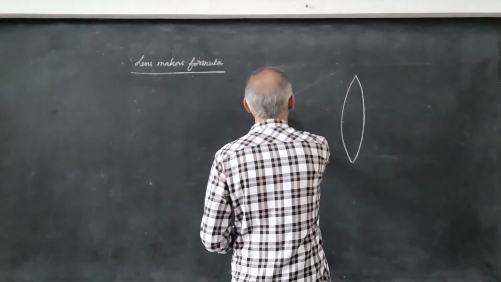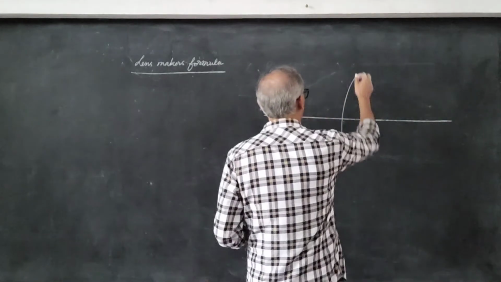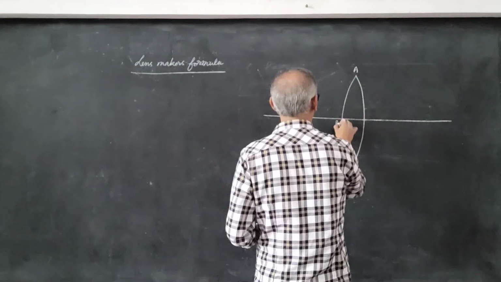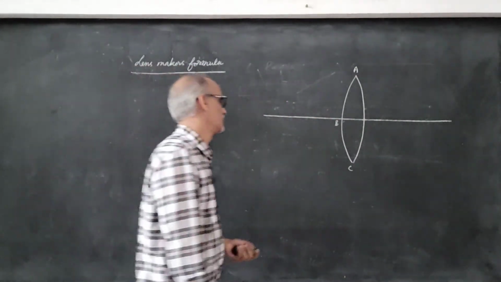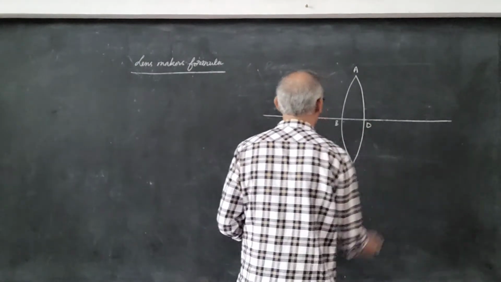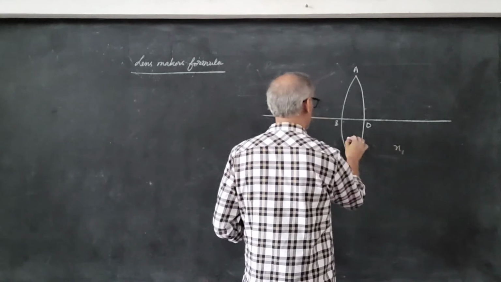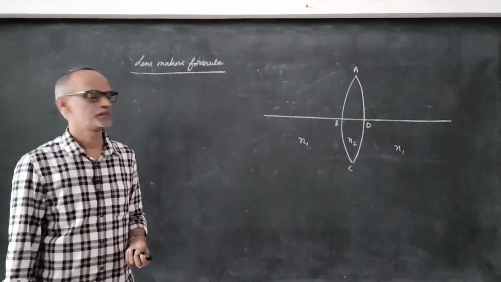This is the principal axis, and ABC is one of the curved surfaces and ADC is the other curved surface. n1 is the refractive index of the surrounding medium and n2 is that of the material of the lens.